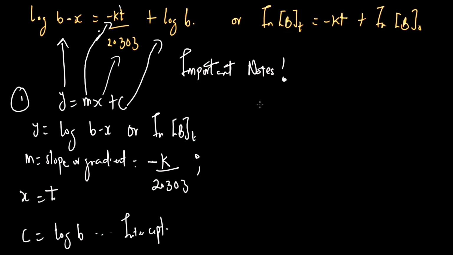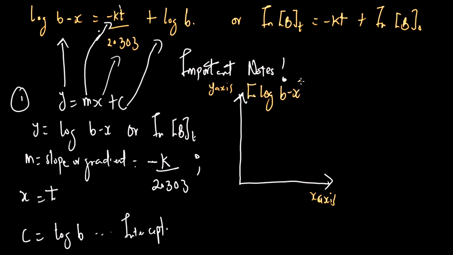So if you plot this, we have that this is the y-axis and this is the x-axis. So this y-axis is the same thing as log(b minus x), and this x-axis is the same thing as t, the time.